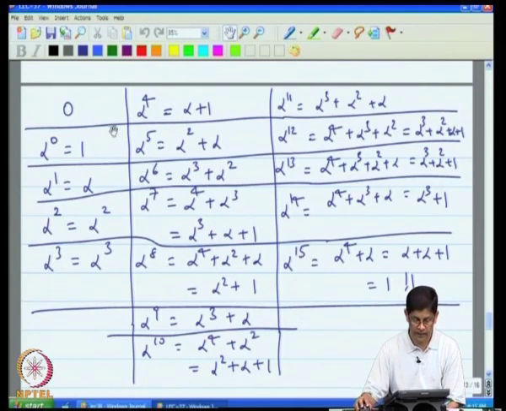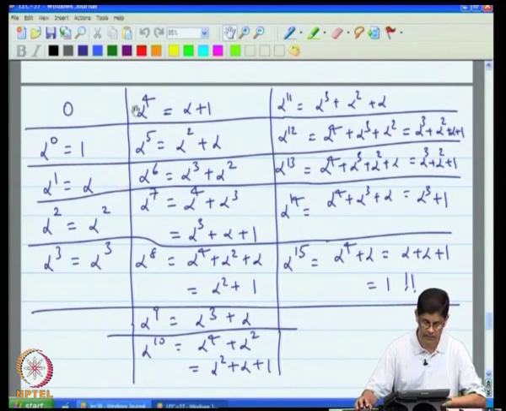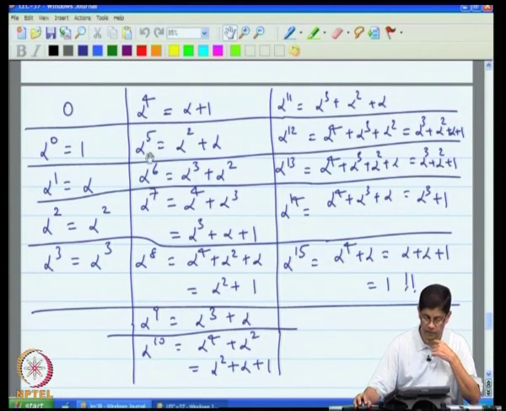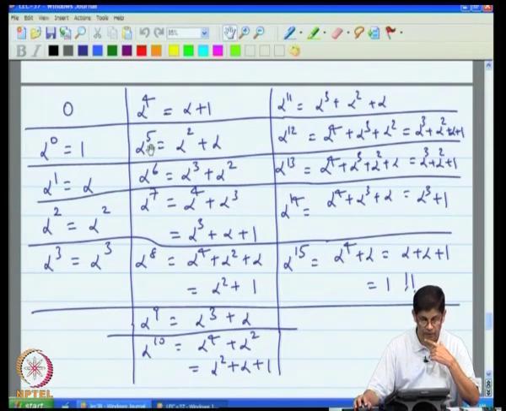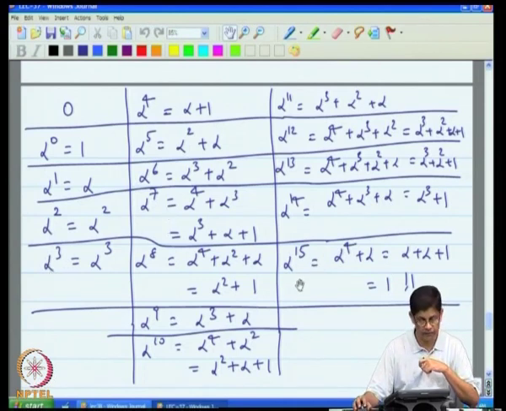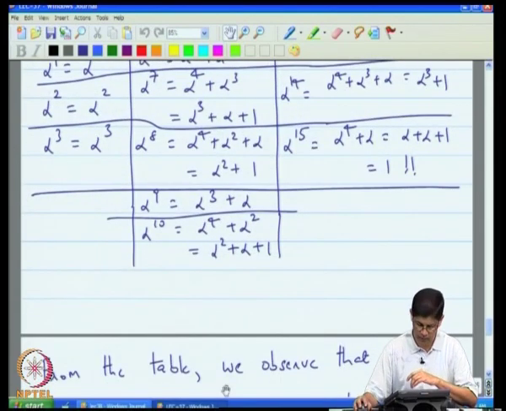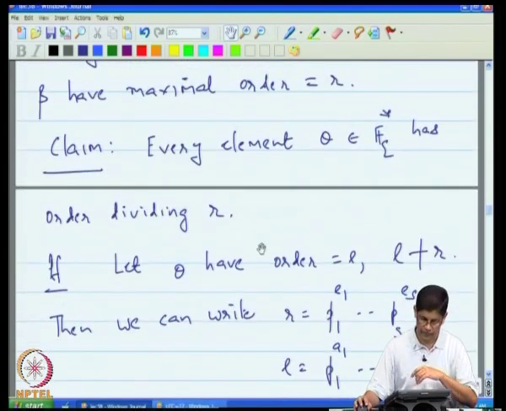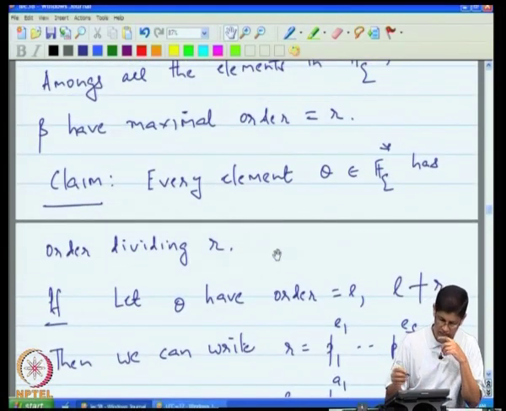And interestingly, what the claim is saying is that every non-zero element, so you exclude the 0, must have order that divides 15. You can verify, for example, that alpha to the 5 has order 3, alpha to the 7 has order 15, alpha to the 3 has order 5. So, all the orders actually divide 15, and that is the content of this claim. So, every element has order that divides R.